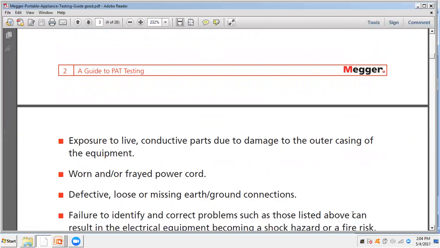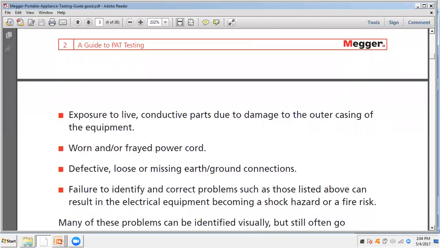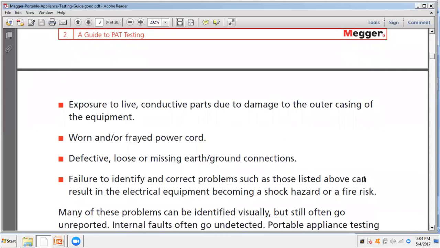Third, defective, loose or missing earth or ground connection. Failure to identify and correct problems such as those listed above can result in electrical equipment becoming a shock hazard or a fire risk. So if we are not testing our electrical equipment regularly and there is some defect, either the equipment will fail, or people who are working around it may get an electric shock, or there may be chances of fire. It may be a risk to their life also.